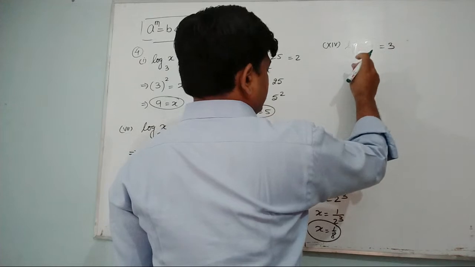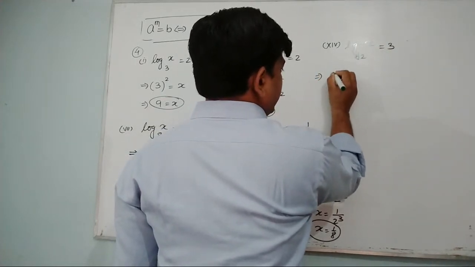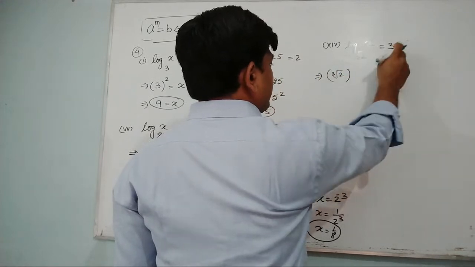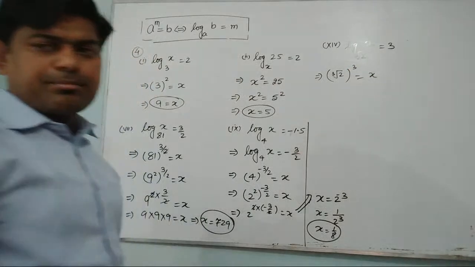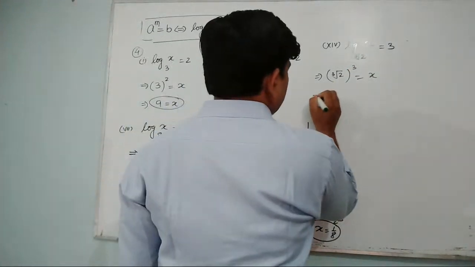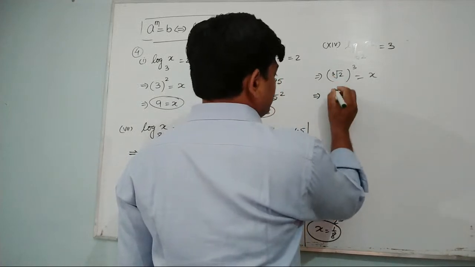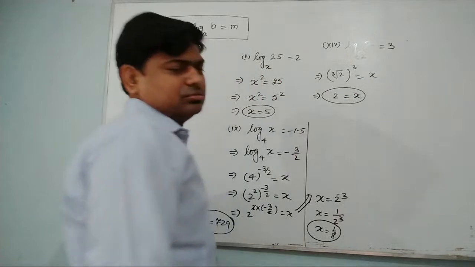Base is this one, it will be again base. I can write here, this implies that cube root 2 whole to the power 3 is equal to x. Any problem? If there is no problem, it can be written as 2 is equal to x. So x is equal to 2.